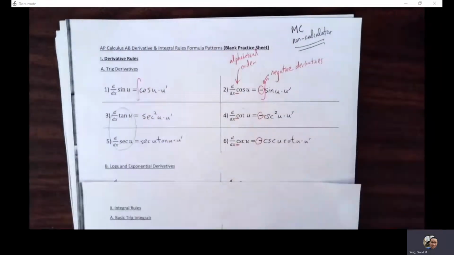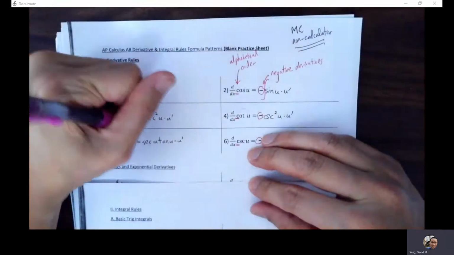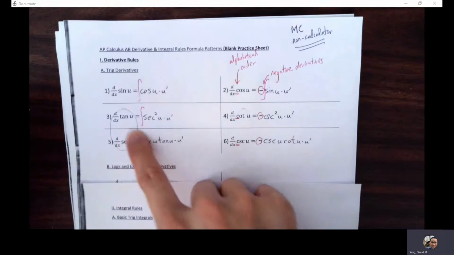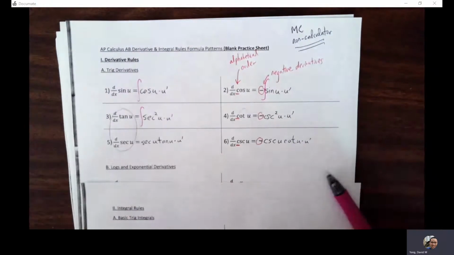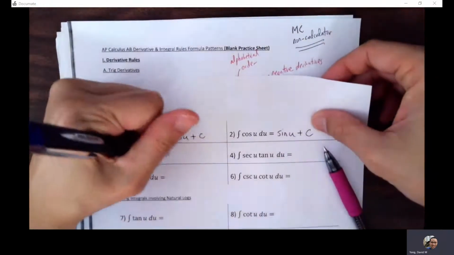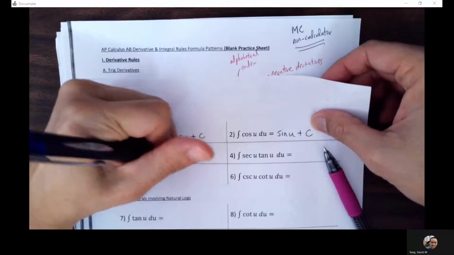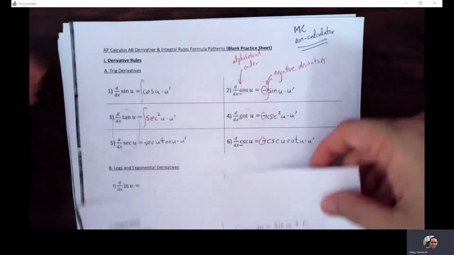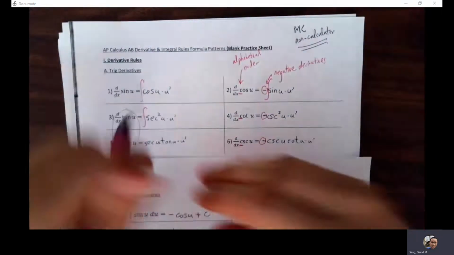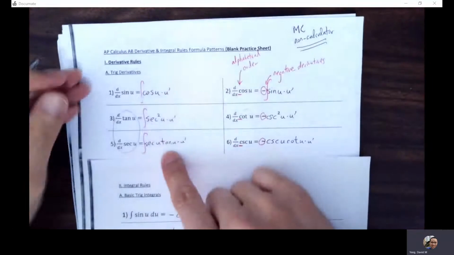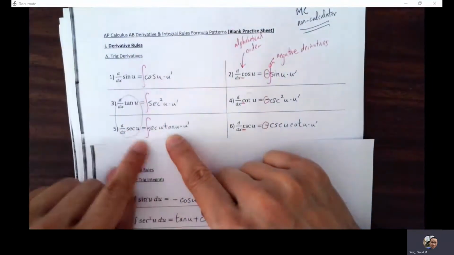Okay. Going down the line here, the integral of secant squared u is just tangent u plus c. The integral of secant u tangent u du is just going to be secant of u plus c.